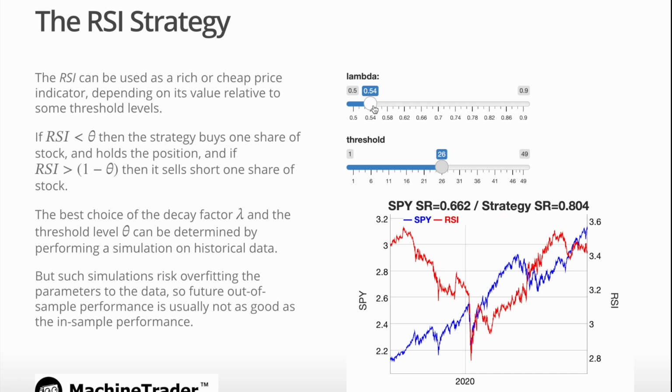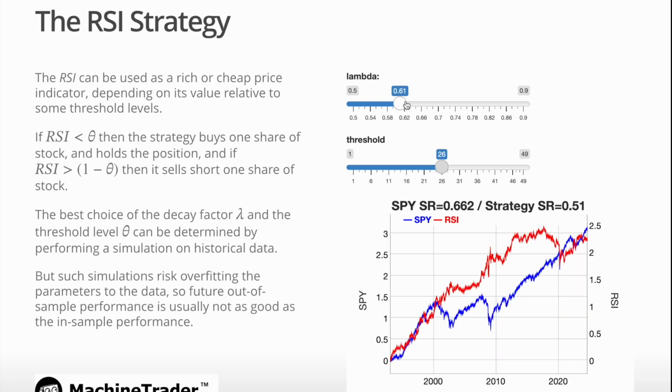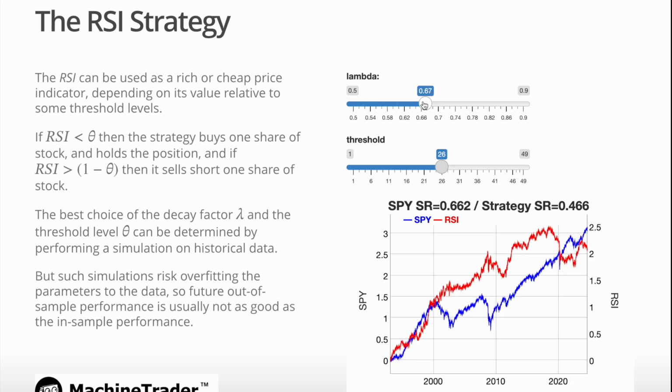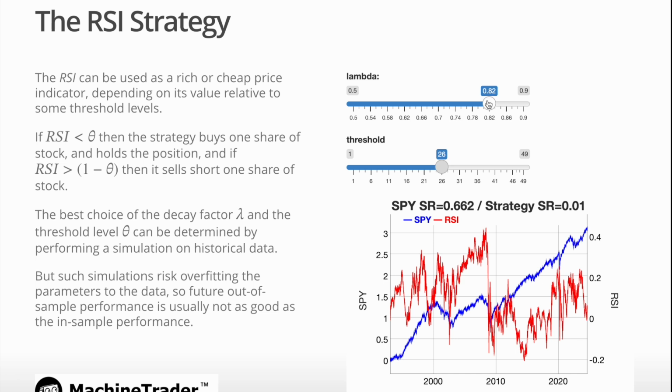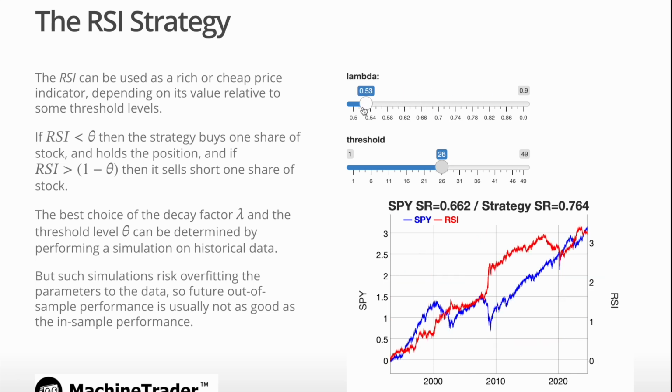To correct that, we could try to adjust the lambda parameter, and as we adjust it, we can see that the performance may improve in certain time periods and become worse in other time periods. So it seems smaller lambdas work better.